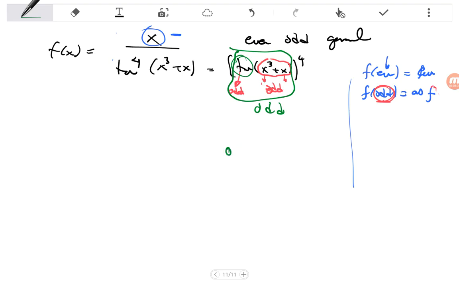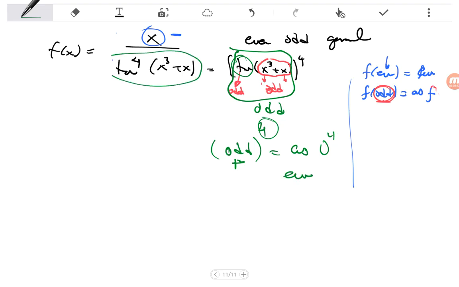Now I have this situation: an odd function, all to the power 4. The inside function is odd, so it will be the same kind as the outside function. What is the outside function? It is power 4. Is power 4 an even or odd function? It is an even function.